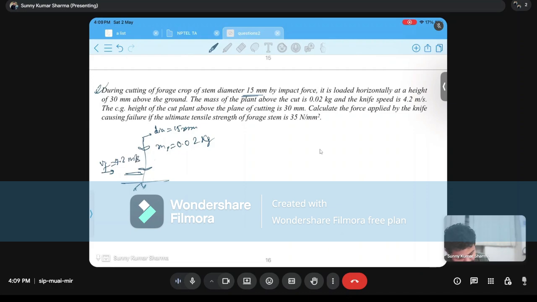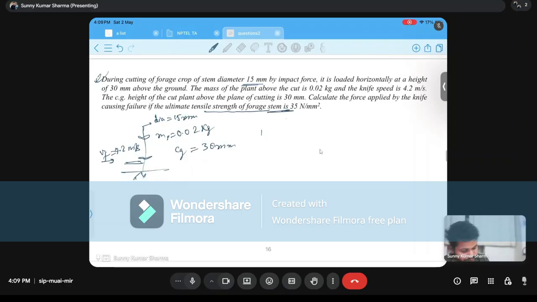The center of gravity CG of height of cut of plant above ground is 30 mm. Calculate the force applied by knife causing a failure. The ultimate tensile strength of forged steel is 35 Newton per mm square.